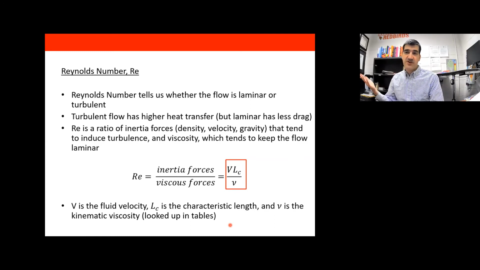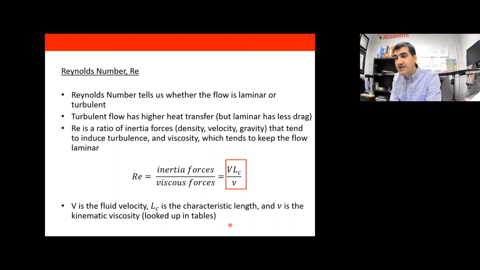So for example, if you're designing a race car, then you would want laminar flow as much as possible around the race car. But what if you are designing the radiator for that race car? A radiator is designed to transfer heat, right?